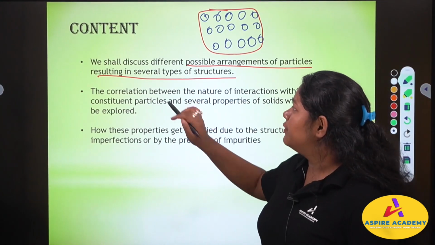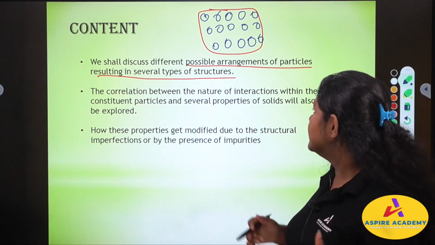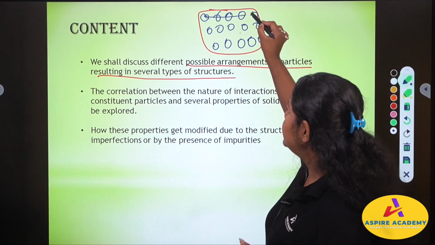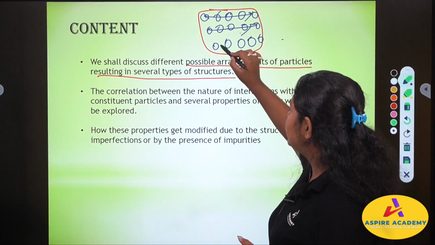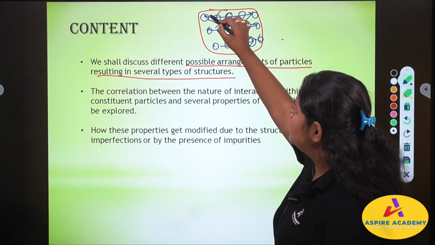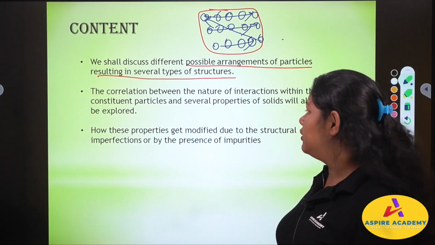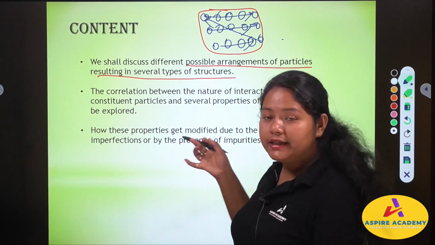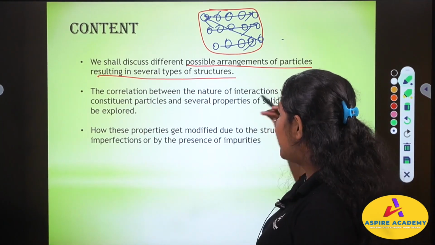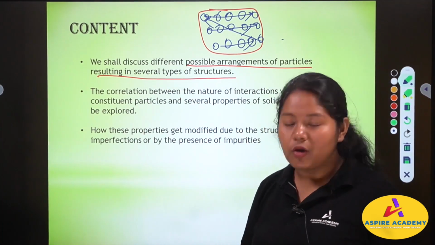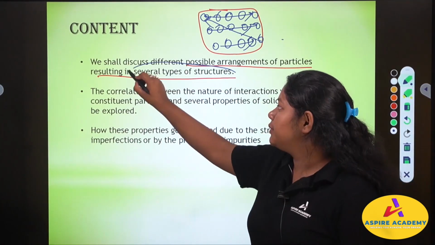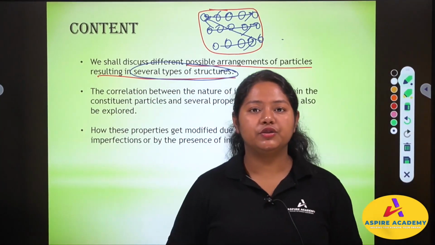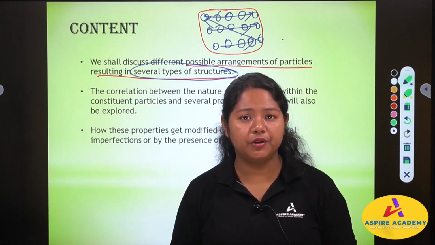So when we have to discuss the possible arrangement, how will this be arranged? Will it be in this one direction, or diagonally, or perpendicular? We have to understand all those things. When we understand those things, then we will be able to comment on which type of solid structure we are going to produce.